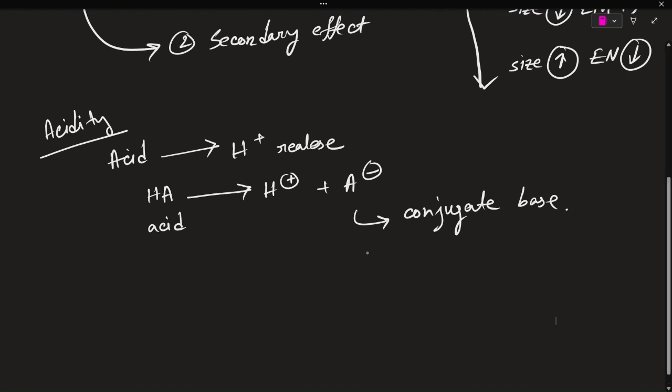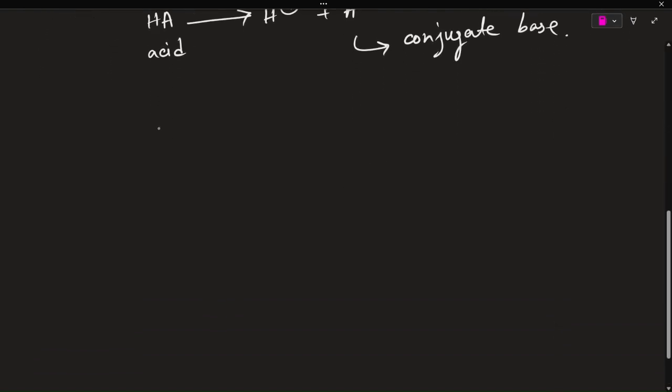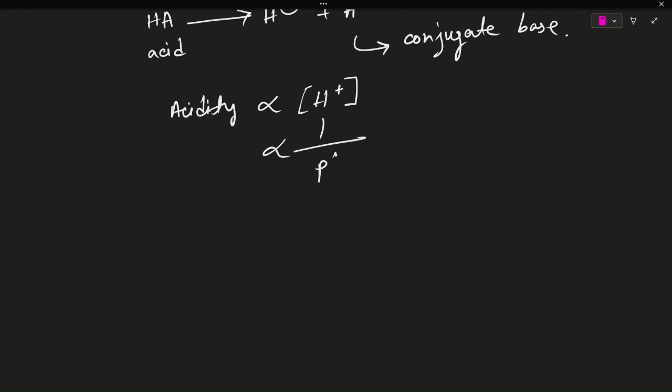So acidity is dependent on the concentration of H plus. We can write acidity is proportional to the concentration of H plus. It is also inversely proportional to pH. We know the pH scale is from 1 to 14. The neutral pH is 7.